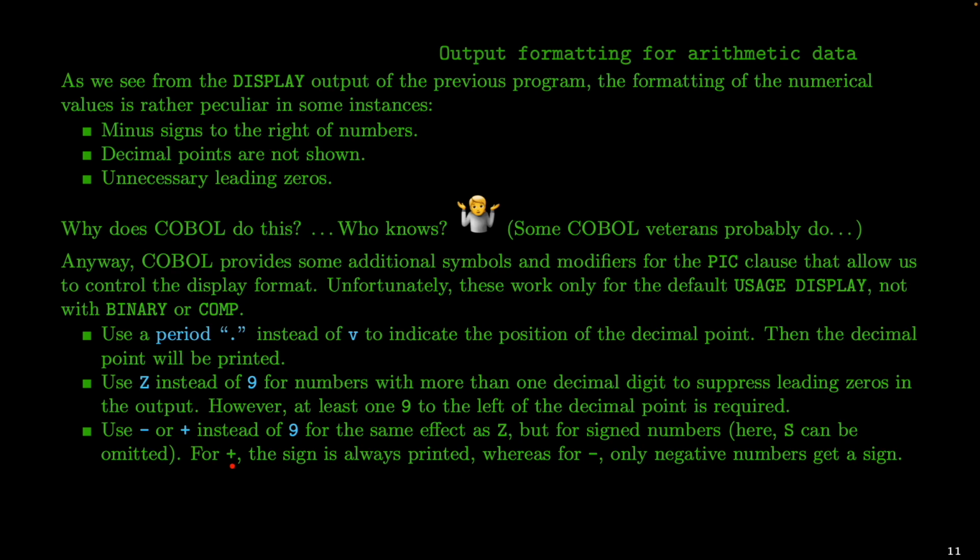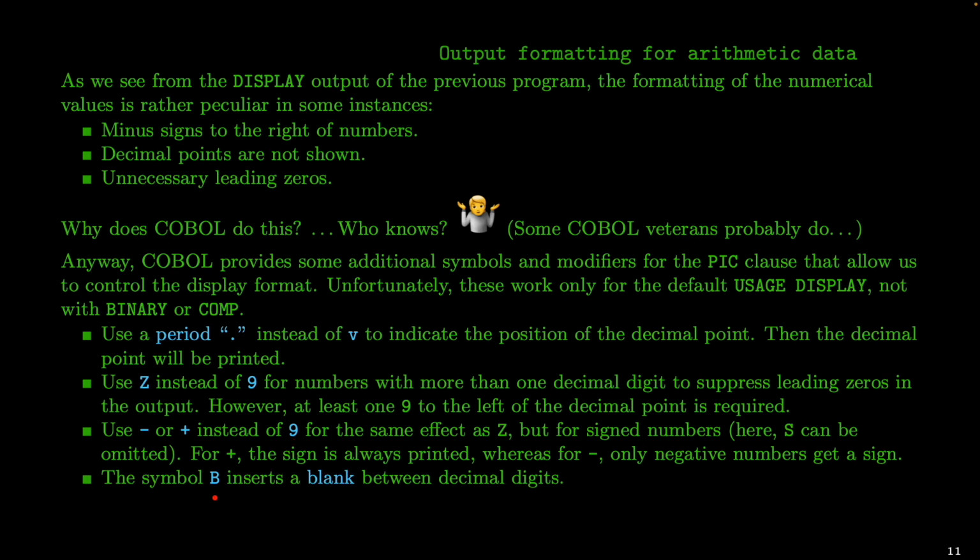And if we use plus, then the sign is always printed. Whereas if we use minus, only negative numbers get a sign. So the sign is not printed unless the number is negative. And we cannot use both in one expression. So we either replace the 9 symbols by all pluses, or we replace them by all minuses. We cannot mix plus and minus here.